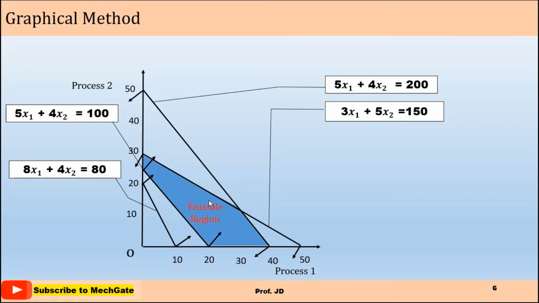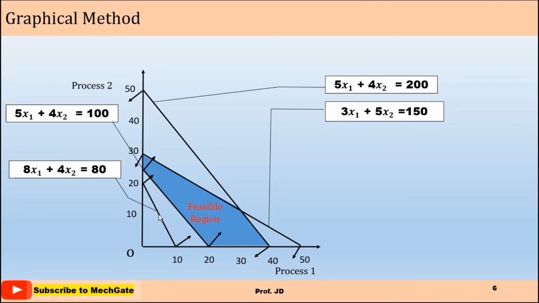Now if you closely observe, the last constraint 8x1 plus 4x2 greater than or equal to 80 is not used to form the feasible region, right? If we are satisfying 5x1 plus 4x2 greater than or equal to 100, then automatically we satisfy 8x1 plus 4x2 greater than or equal to 80, right? So this is nothing but a redundant constraint.